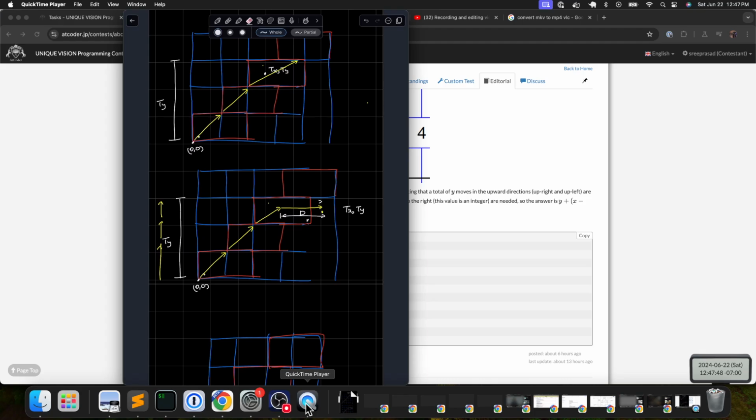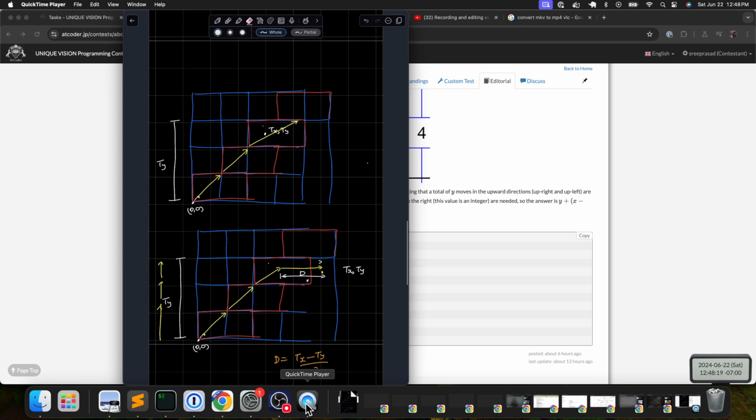But let's say your point was over here, then you have to go at least this ty distance to reach this point, and then at least this d distance. Now this d distance is given by tx minus ty by 2, which is half of the distance between tx and ty. So you need to go at least ty distance and then at least d distance.